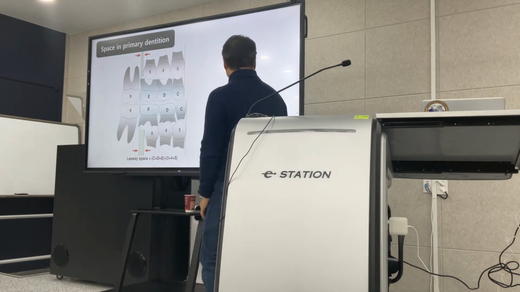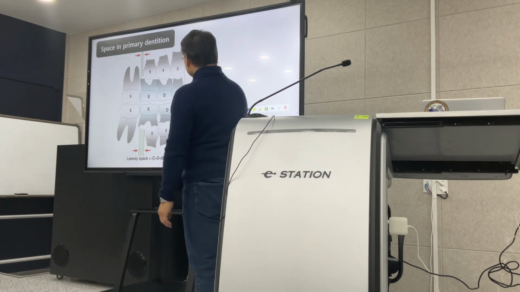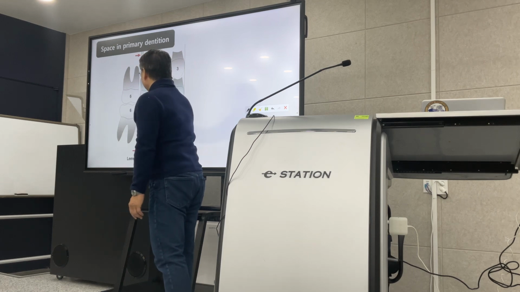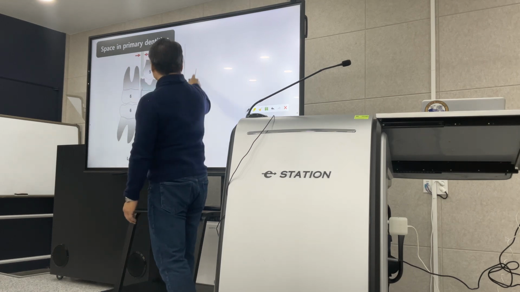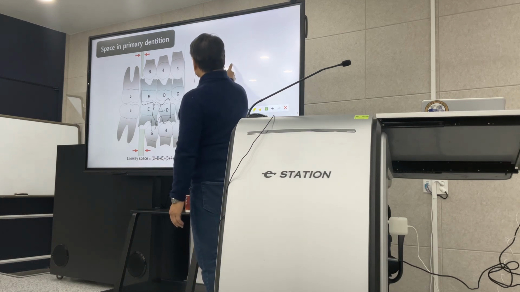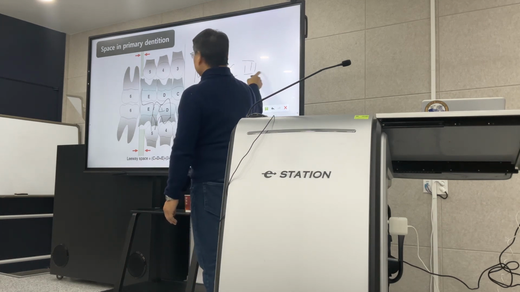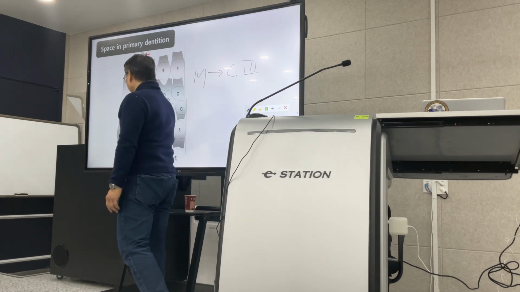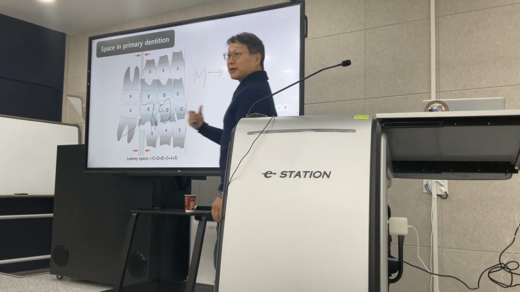And if they are here, that means mesial step of the primary teeth. There is more easily Class 3, because after eruption of the permanent teeth, they are moving mesially.